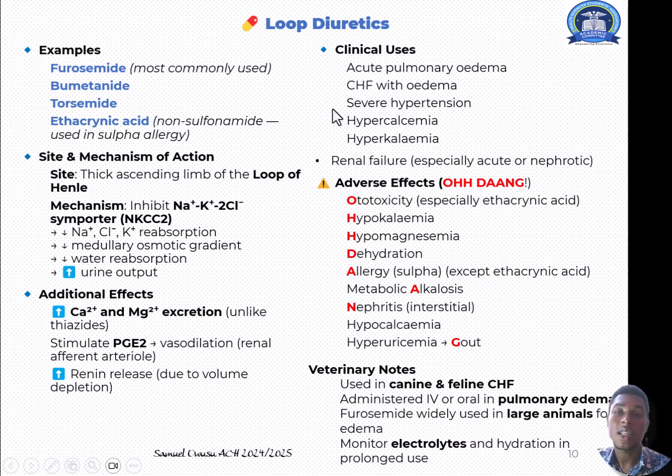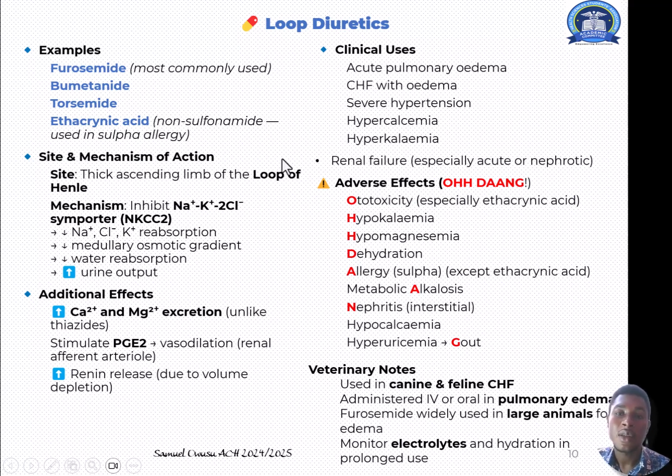So clinically, we use it in pulmonary edema, acute pulmonary edema, congestive heart failure, very safe to use, unlike the other ones we talked about, like the osmotic diuretics. We have severe hypertension. You want to give it in hypercalcemia and hyperkalemia because they can cause hypokalemia.